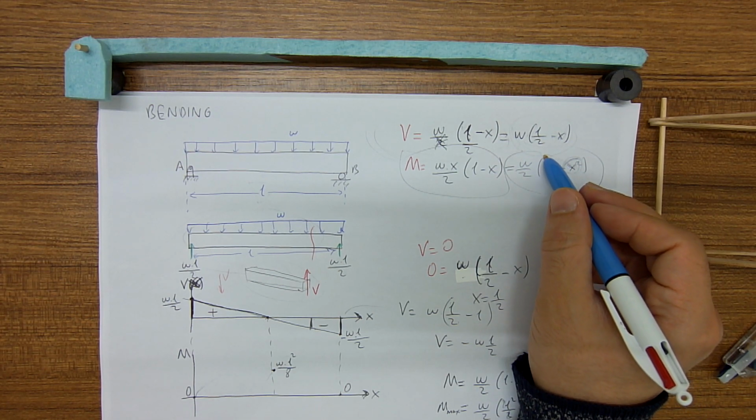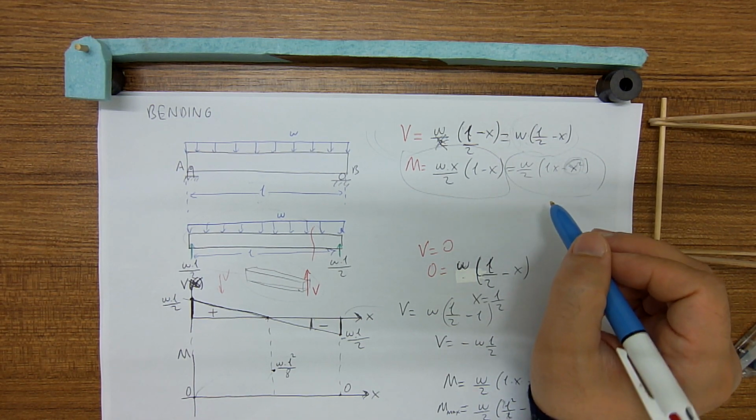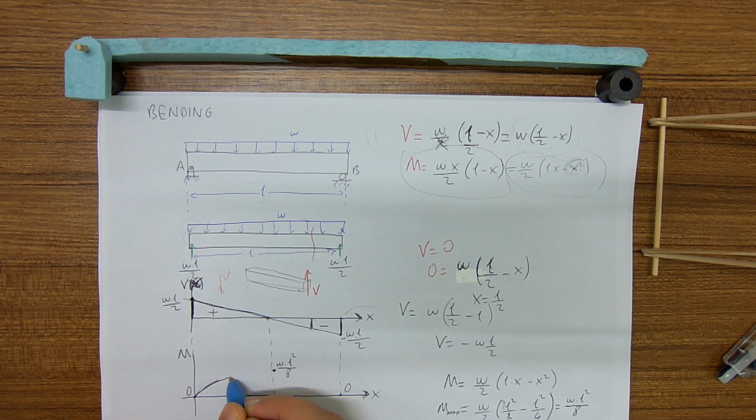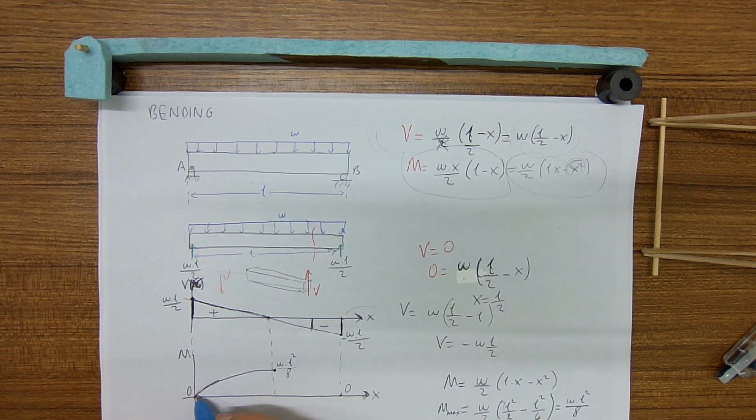Therefore, the increase of the moment is less towards the mid of the beam. Therefore, the shape of the curve will be like this, not like this. Definitely not linear.